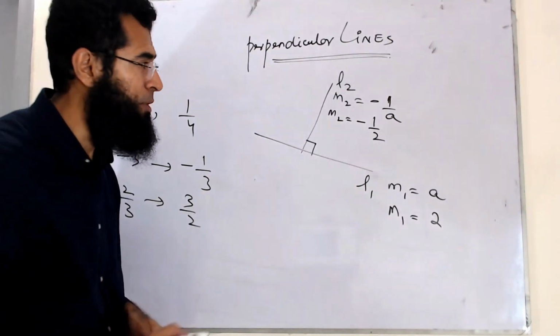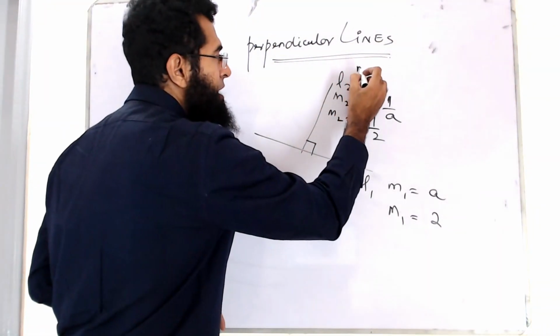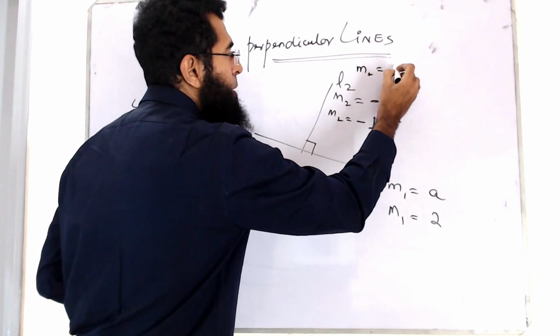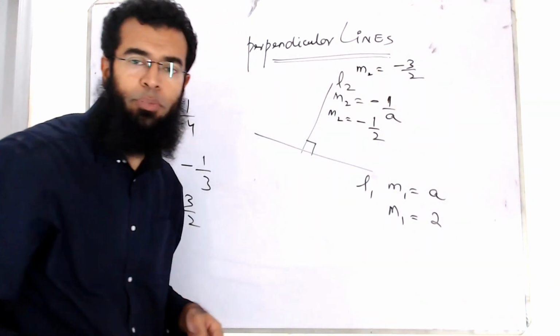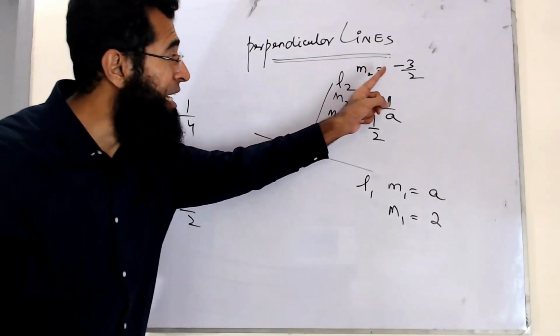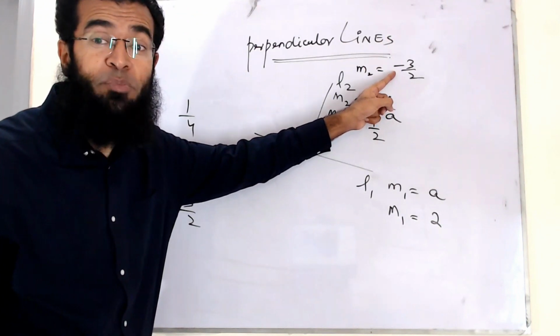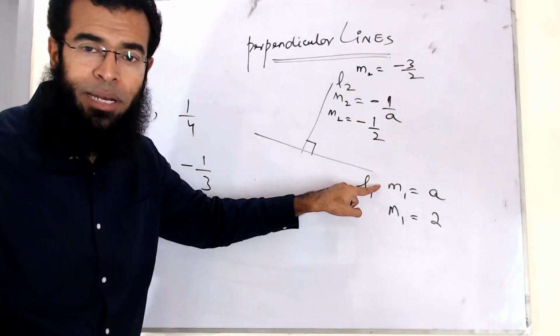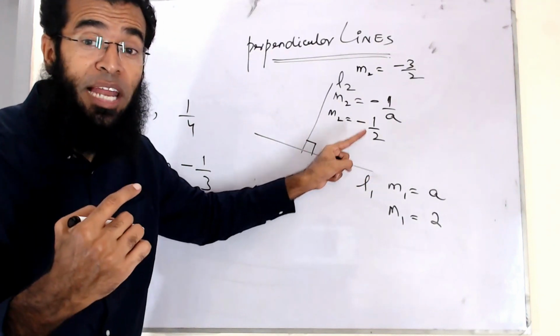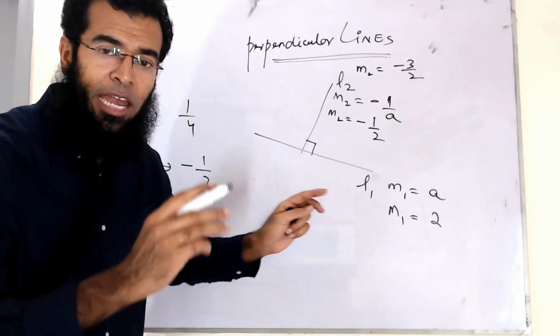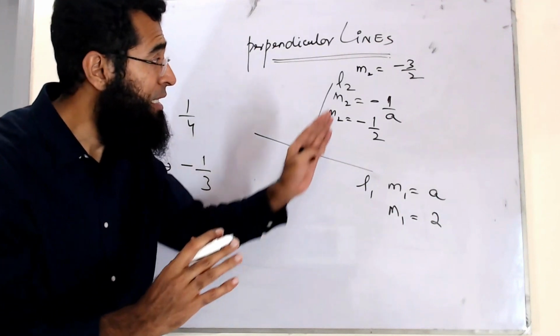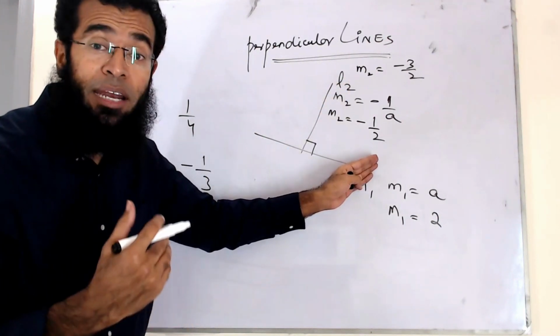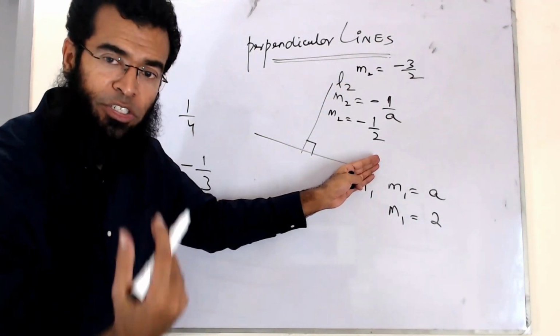I'll give another example. Let's say the gradient of line L2 is minus 3 over 2, for example. So what is the gradient of line L1? We know that both the lines are perpendicular, and now we have learned the property that the gradients are negative reciprocal of each other.